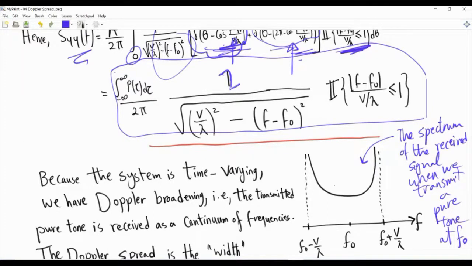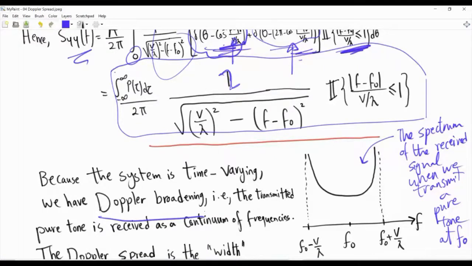So this effect is called Doppler broadening. You transmit something with a width of 0, a frequency f0 exactly, but then you get a spectrum extending over an interval of frequencies. So this is called Doppler broadening, and this happens due to the Doppler frequency, due to mobility.